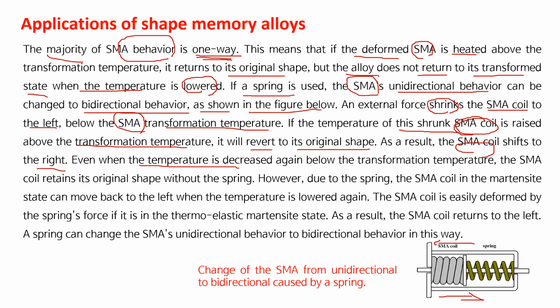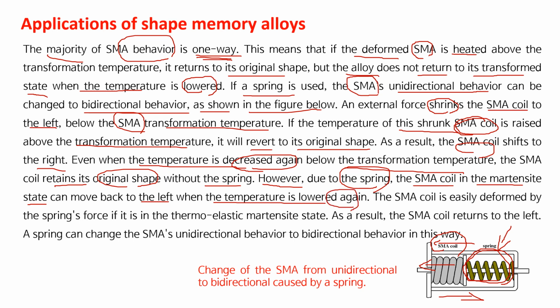Even when the temperature is decreased again below the transformation temperature, the shape memory alloy coil retains its original shape without a spring. Okay? So if we do not have a spring, the deformed shape memory alloy coil will not go back to the transformed state. However, due to the spring, the shape memory alloy coil in the Martensite state can move back to the left when the temperature is lowered again.